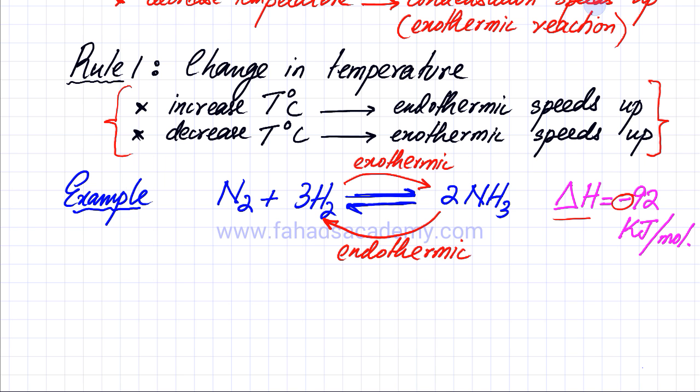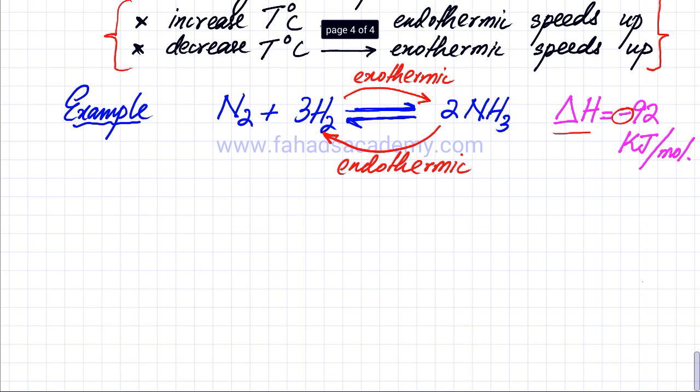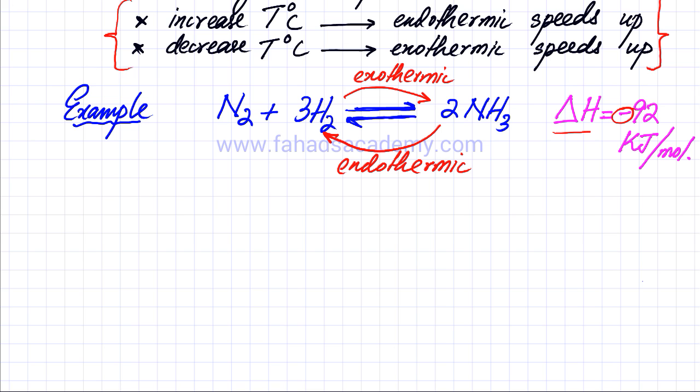Now, if we apply the first rule that we studied to this, let's say I increase temperature, T degrees centigrade, then which reaction would be favored? It would be the endothermic reaction which would be favored.